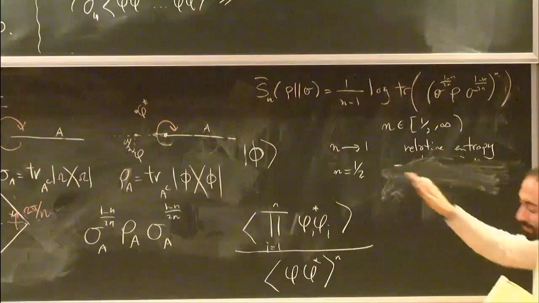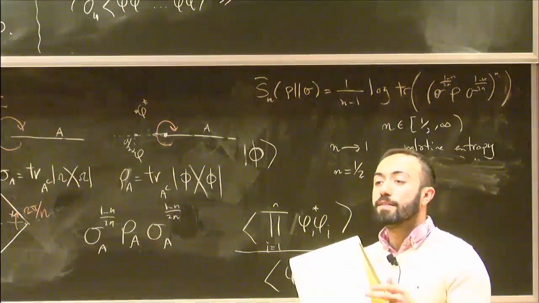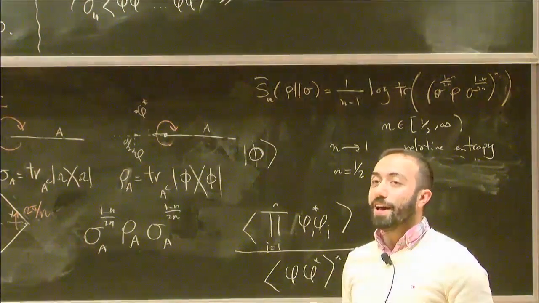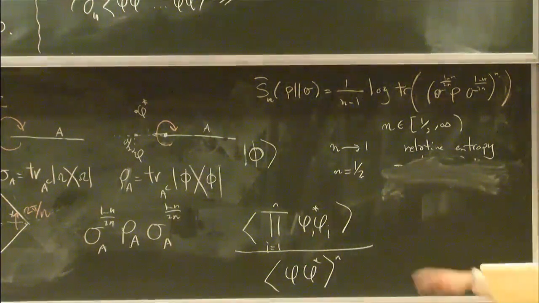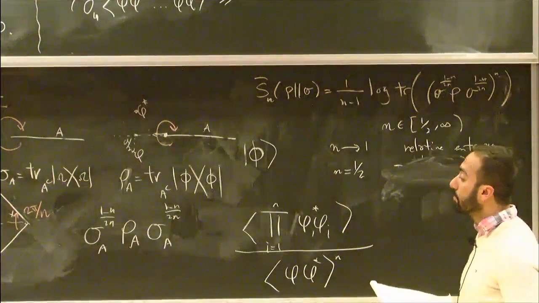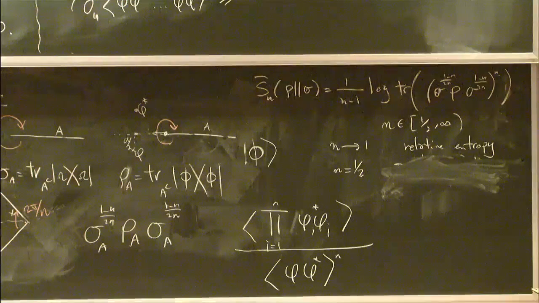Anyway, it's related to fidelity, up to factors of 2, half, exponentials, logarithms. I can comment if I have time at the end. Let me finish this story, but I'm more than happy to comment on them. There's a discussion of that in the paper.